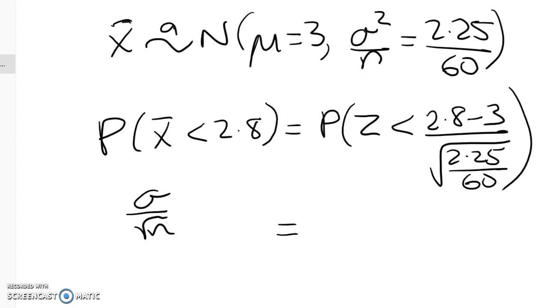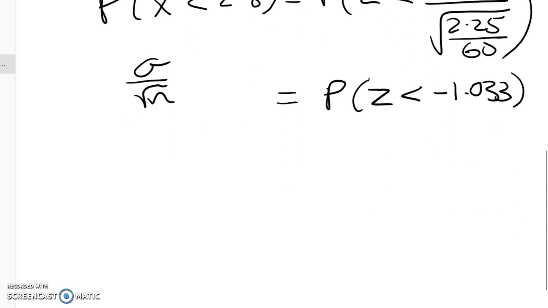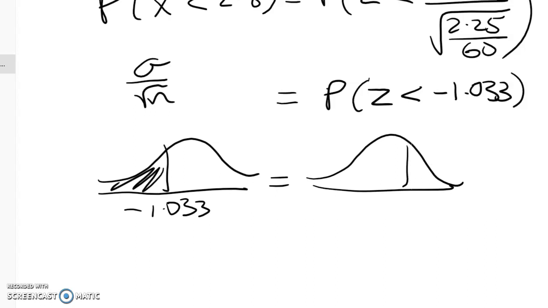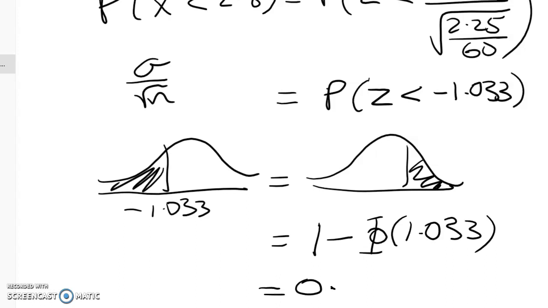And when you chuck all that in your calculator, you get the probability that Z is less than negative 1.033. Quickly sketching, this is the area that we want. So it's equal to that tail there, which is 1 minus phi of 1.033, which gives me 0.151. Okay, so there you go.